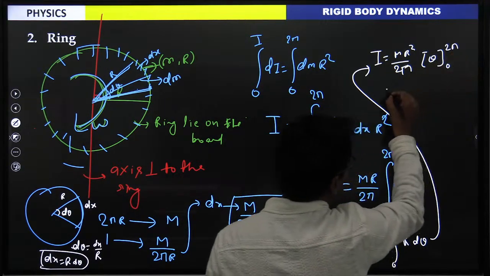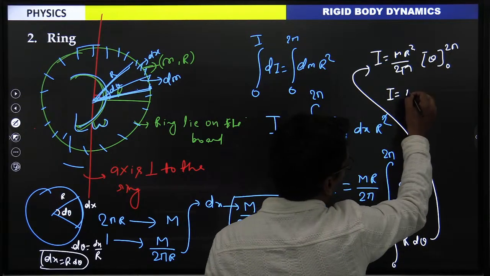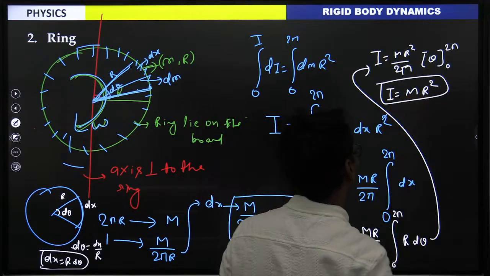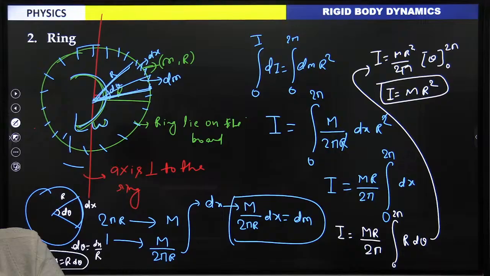After putting the limit you find 2 pi minus 0, 2 pi, and 2 pi cancels, so I is equal to m r square. Clear?